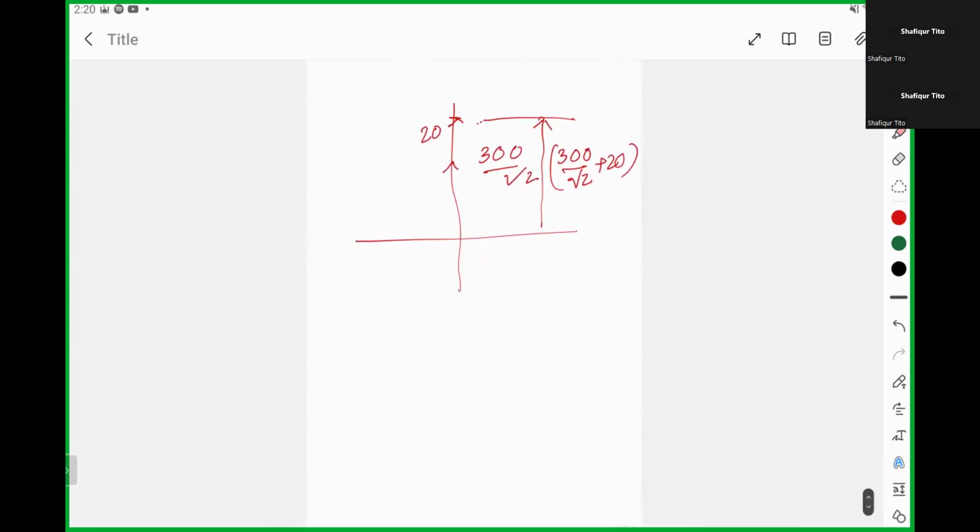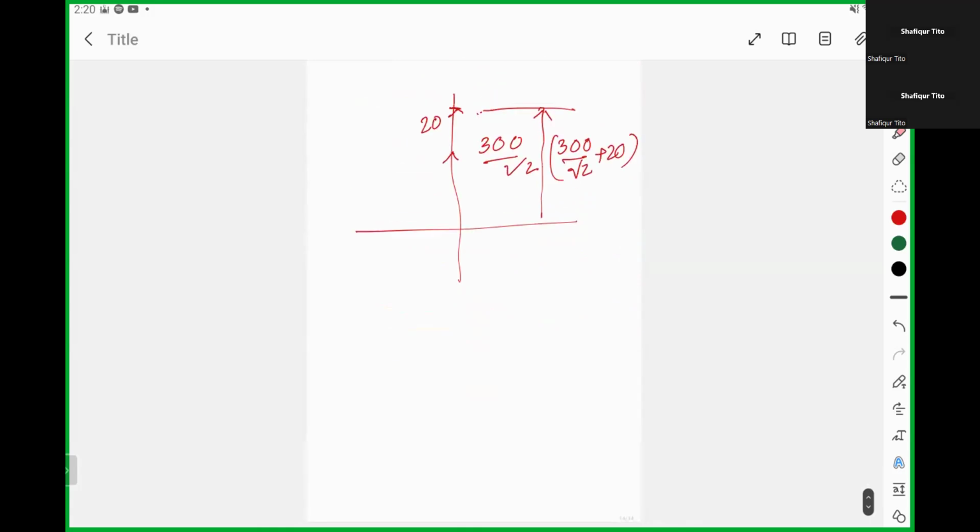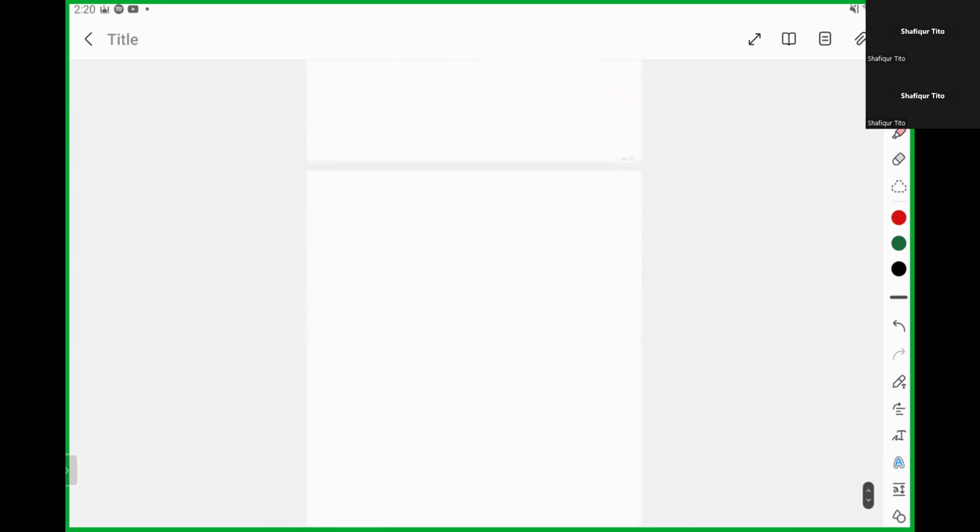Now we have learned to represent a sinusoidal signal. Let us take another example. I have a sinusoidal signal V(t) equal to, say, 50 sine of 314t minus 45 degrees; express it in polar form.